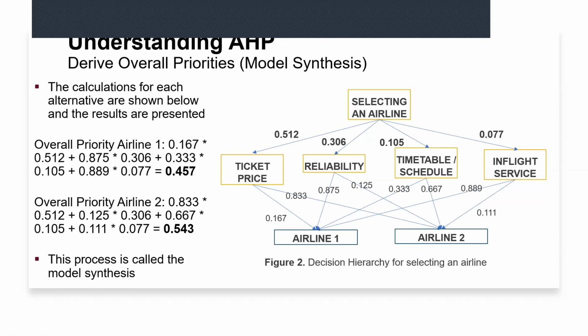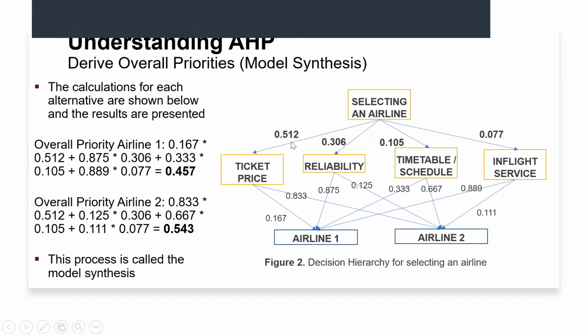Now we have to do the next step. The calculations for each alternative are shown below. As you can see, this is the next step, but you simply have to apply the values derived, the priorities for both the criteria and for the alternatives. For example, the overall priority for airline 1.